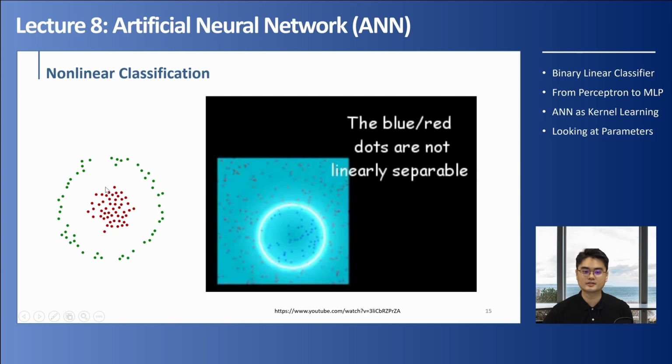We can see these data points, for example, these green data points and these red data points, which indicate different classes. If we're doing some classification on these data points in two-dimensional space, it's impossible to do this with a linear classification boundary. We need some nonlinear classification boundary here.